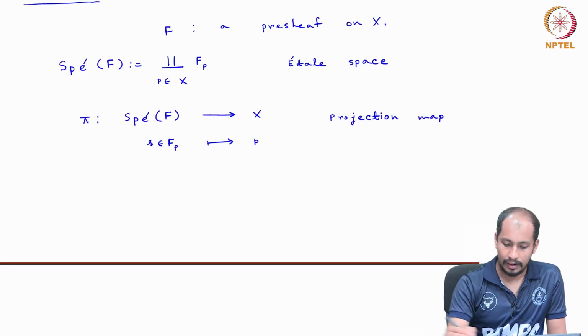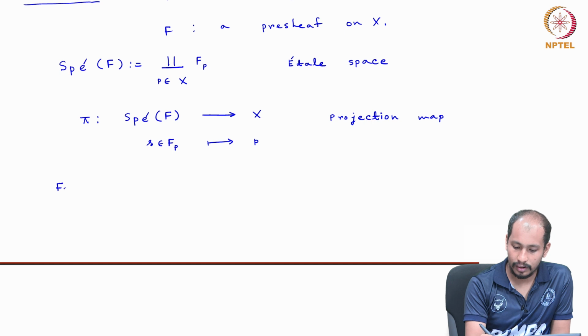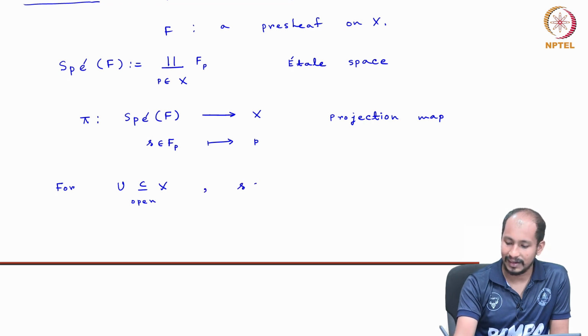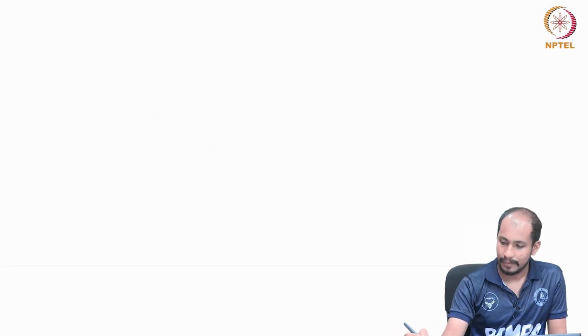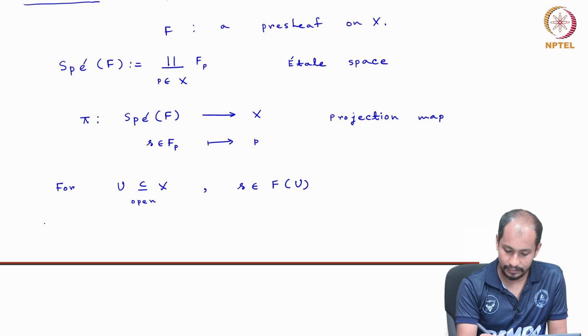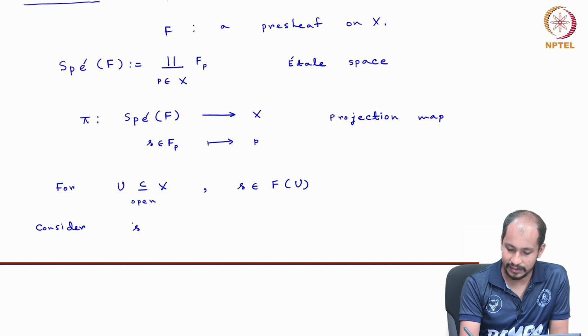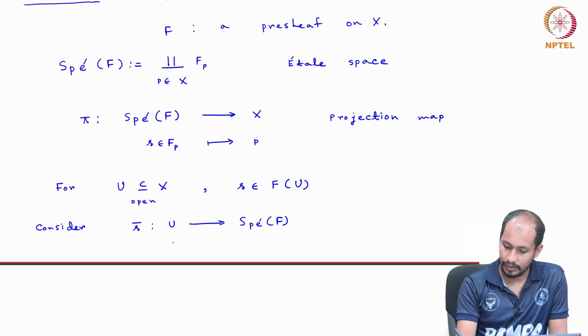Okay. Now, for any open subset U of X and for any section s inside F(U), consider the map, say s bar, from U to this Etale space of F, where each point p inside U goes to s_p.